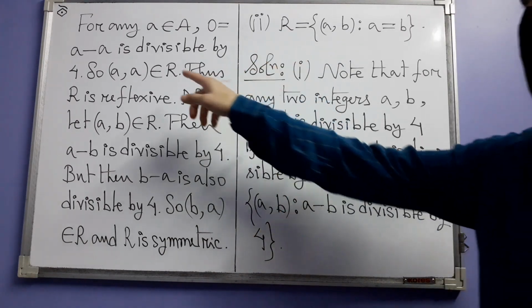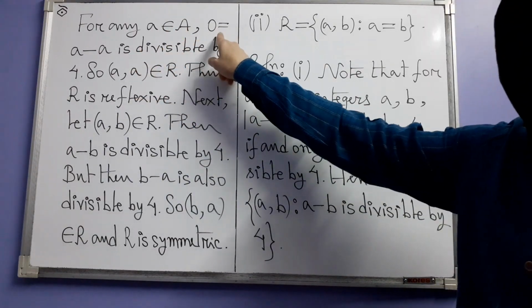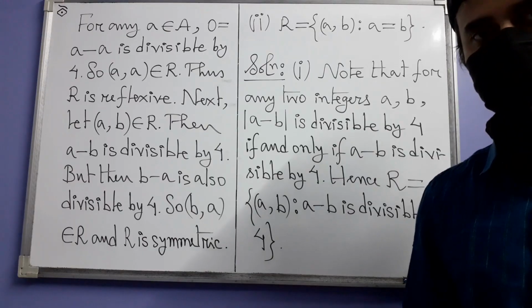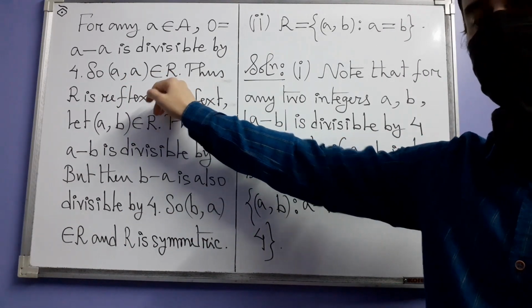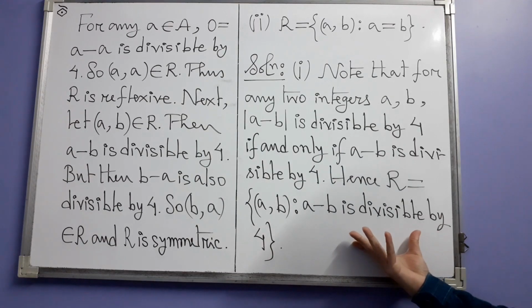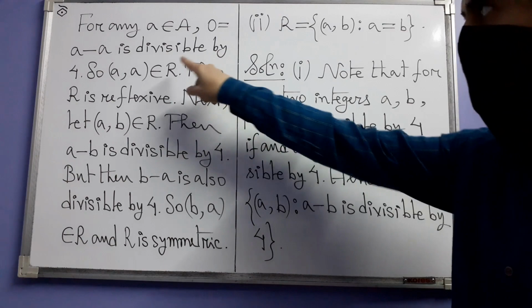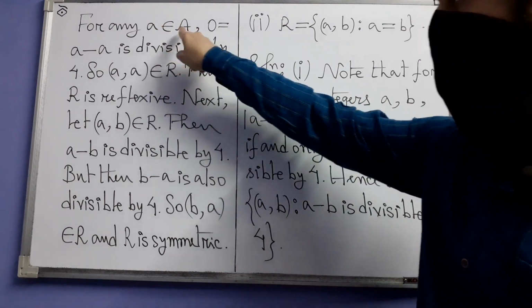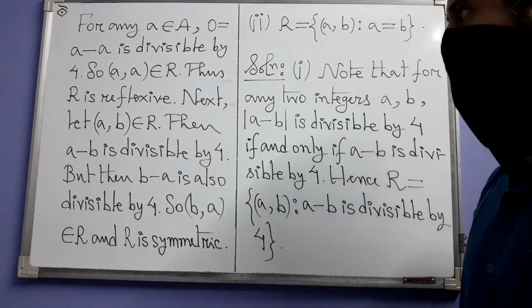So let us take any element a in A first. a minus a is 0, which of course is divisible by 4, and that is why (a, a) belongs to R using this new definition. Thus R is reflexive because this is true for any a in A.